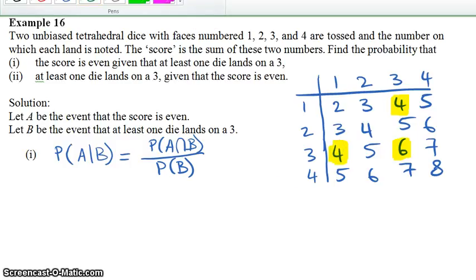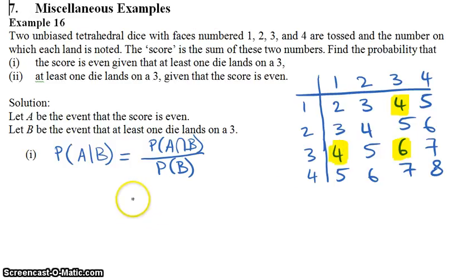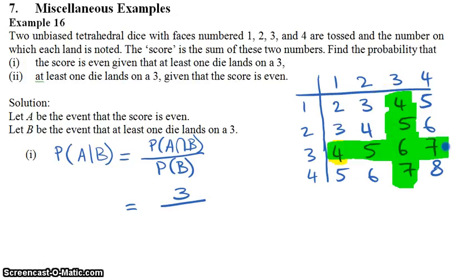So there are three possible outcomes. Divided by, what is the chance one dice lands on a 3? Well, we've got these ones or these ones. So in that case, we have 7 possible outcomes. So therefore, the probability is just going to be 3/7.